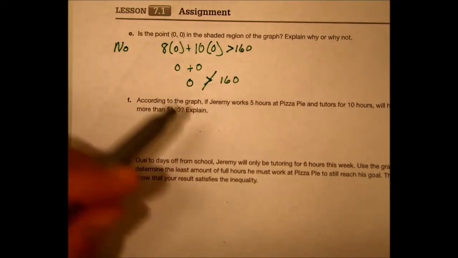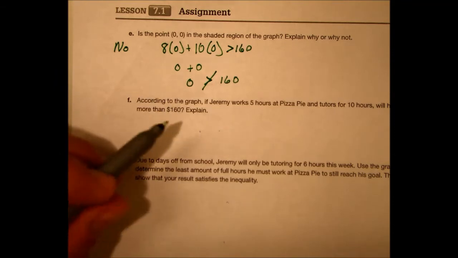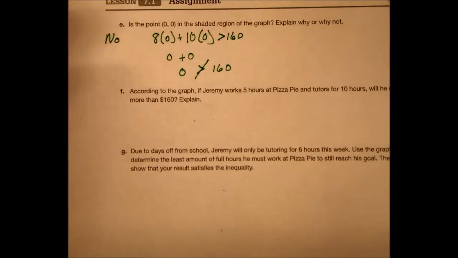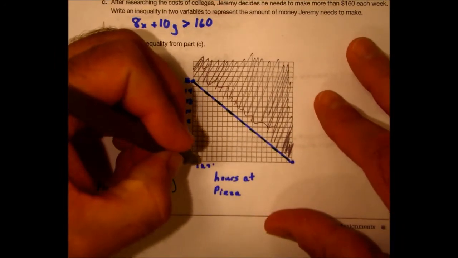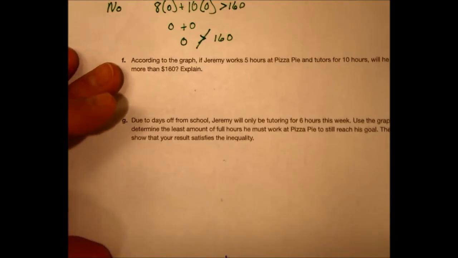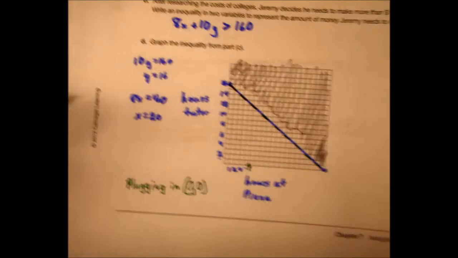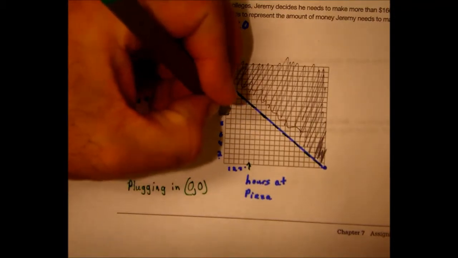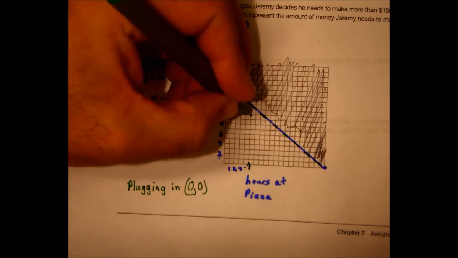Now, according to the graph, Jeremy works 5 hours at the pizza place and tutors 10 hours. Will he make more than 160? So now we're just going to use the graph. If he worked 1, 2, 3, 4, 5 hours, that means here, and I go up and he worked 10 hours tutoring, which is here. Those two will meet right here.